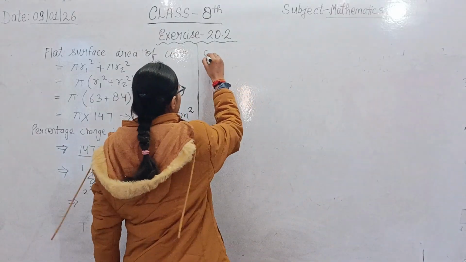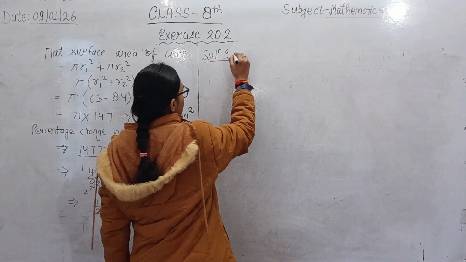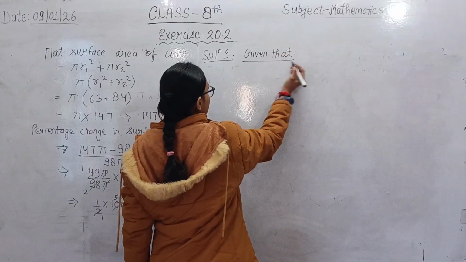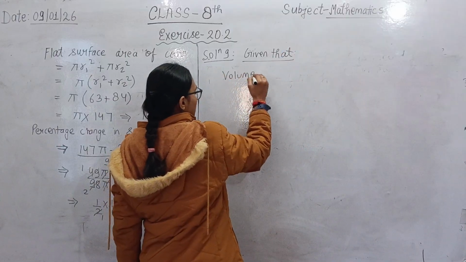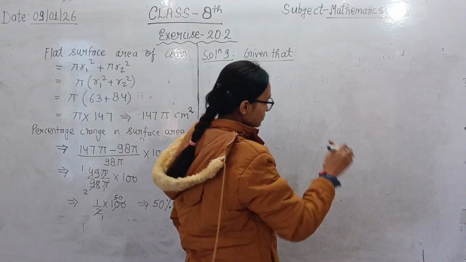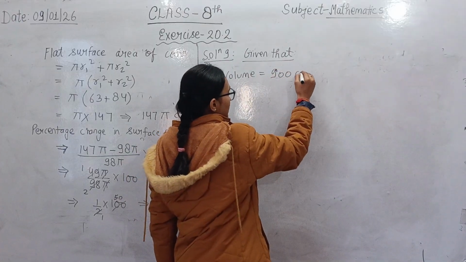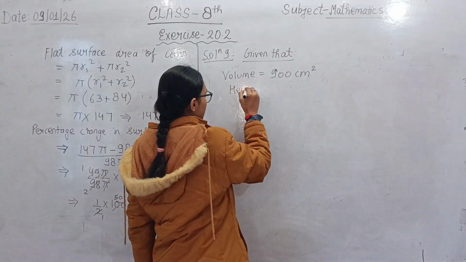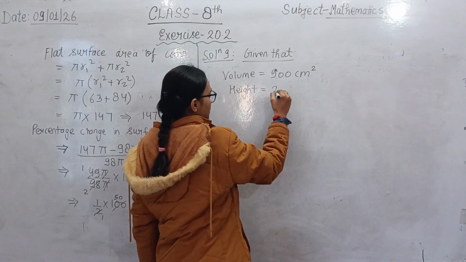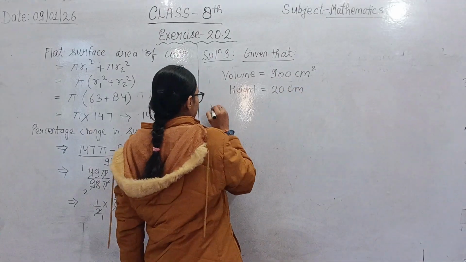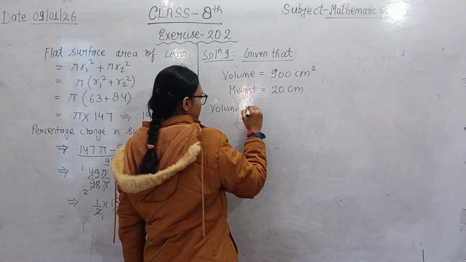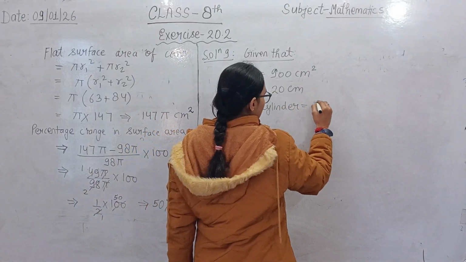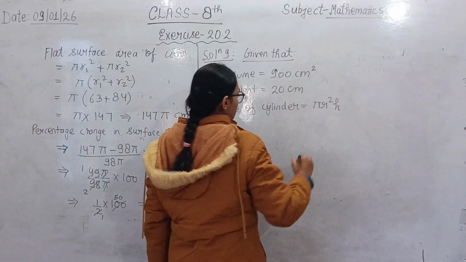So firstly, given that volume is equals to 900 centimeters square, height is given as 20 centimeter, and we know that volume of cylinder is given by pi r square h.